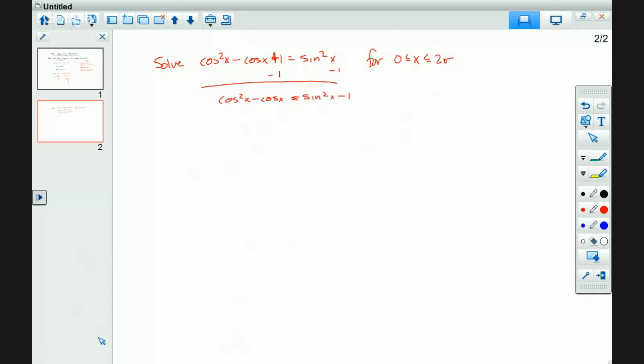I don't know if that got us anywhere. Is that an identity yet? Yes or no? Careful. Cosine squared is 1 minus sine squared.